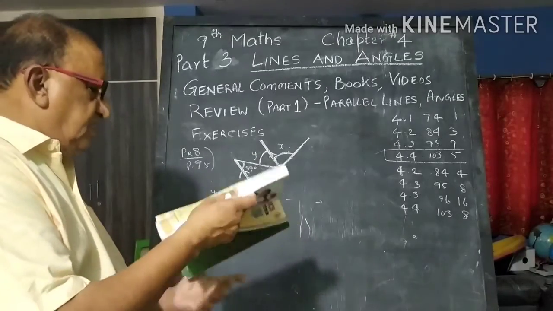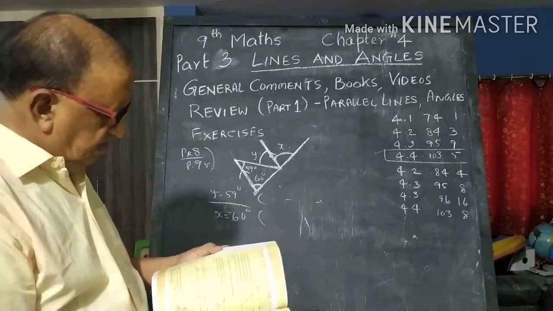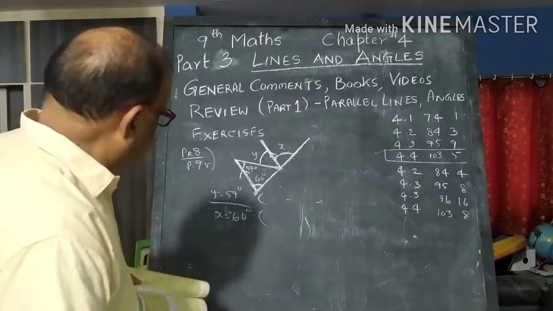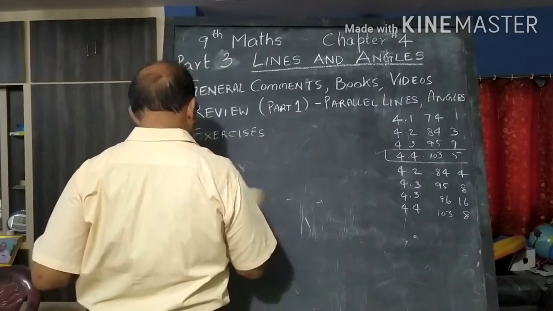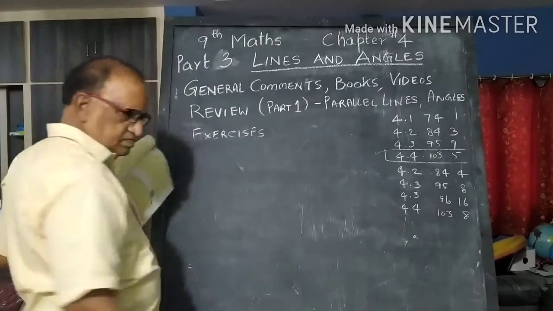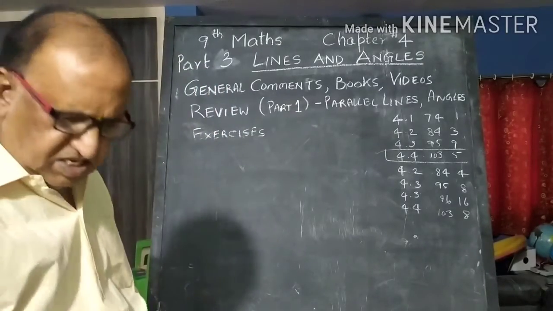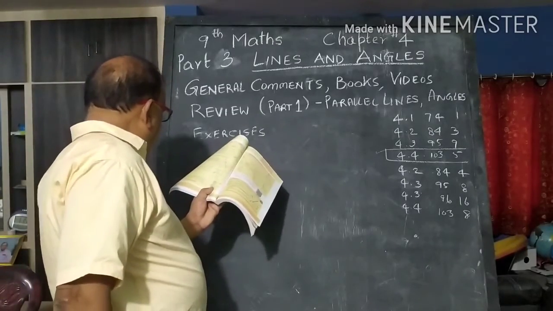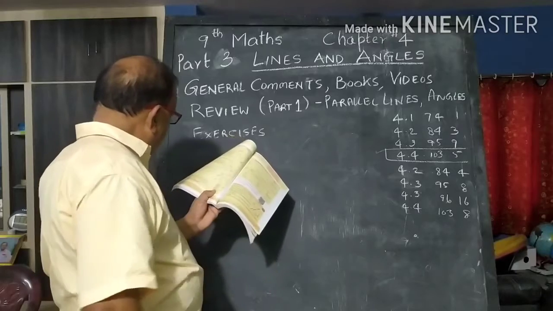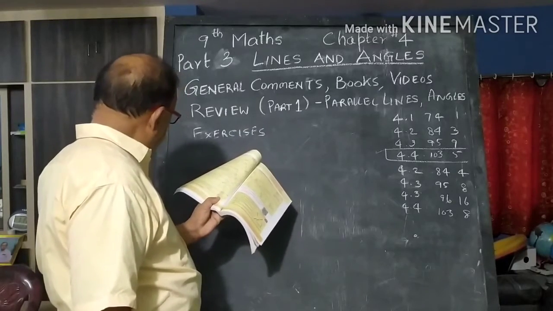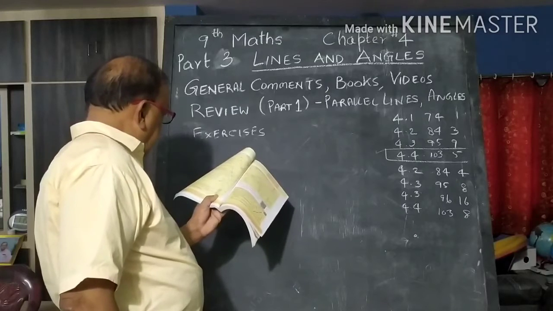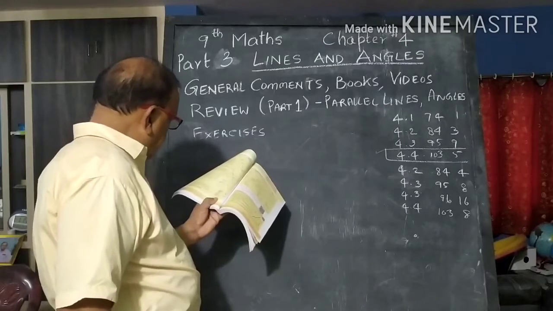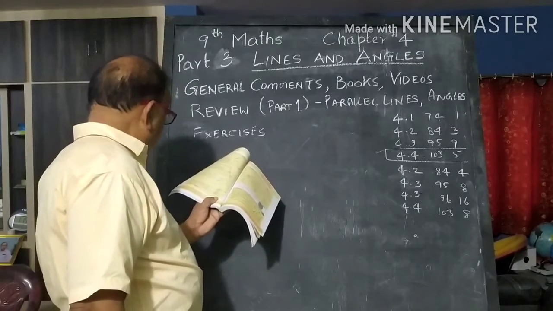Problem 16, page 96. In the adjacent figure AB and CD, AB is parallel to CD, and T is a transversal intersecting at E and F respectively.